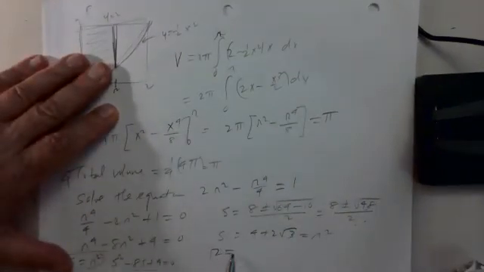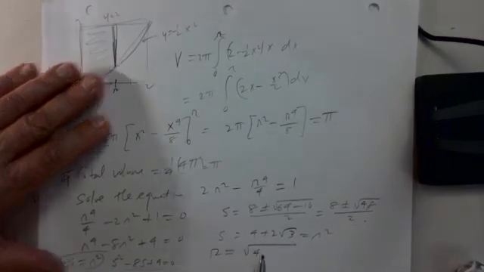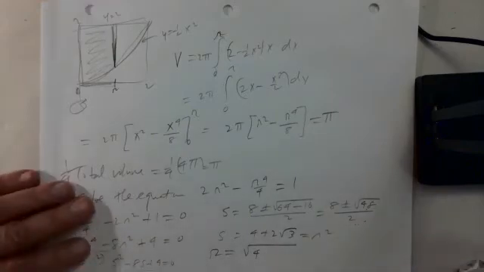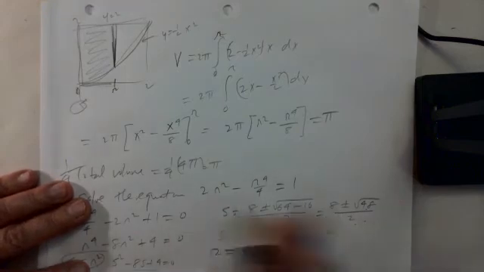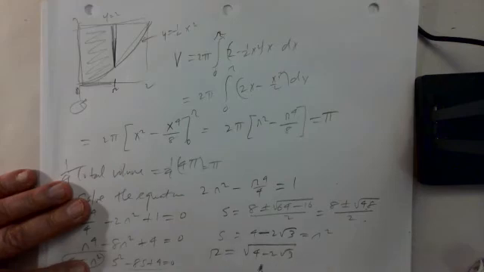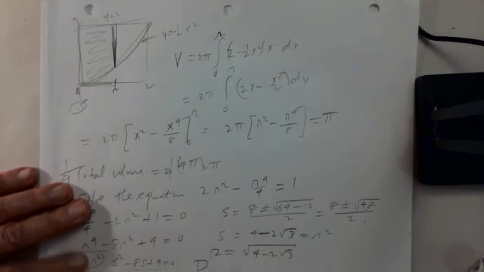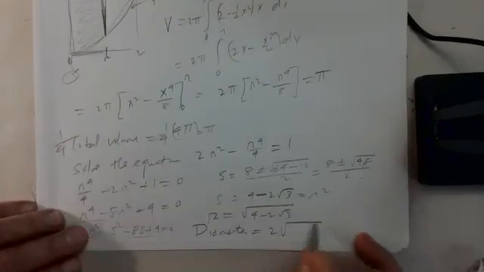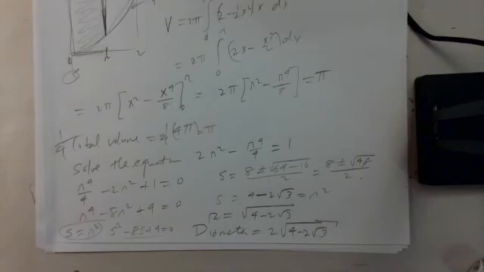So the radius of the hole is the square root of 4 plus or minus 2 root 3. No, it has to be minus, otherwise it's too big. So 4 minus 2 root 3, under the square root, that's the radius of the hole. And so the diameter of the hole is 2 times the radius, 2 times the square root of 4 minus 2 root 3.